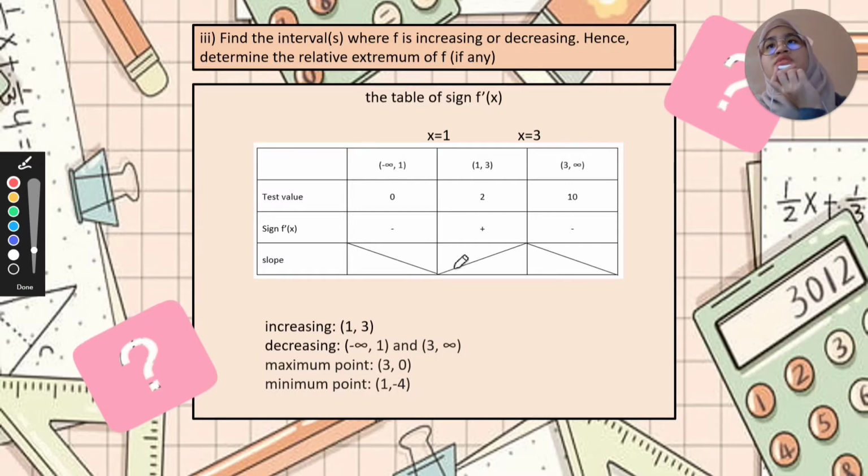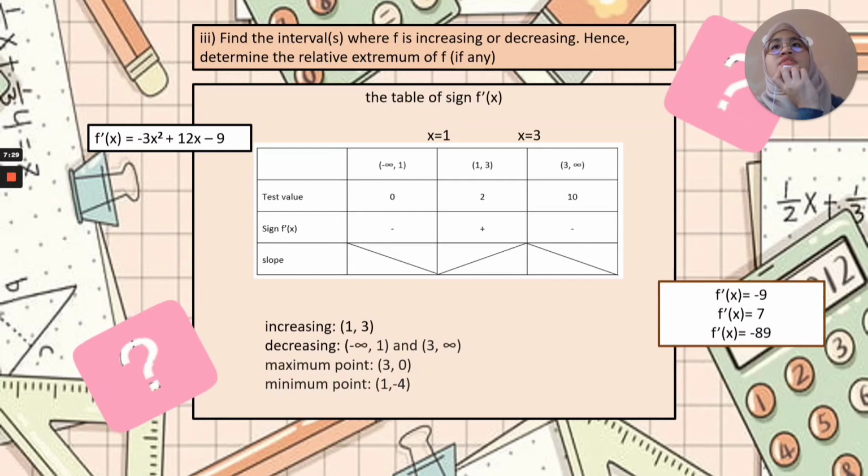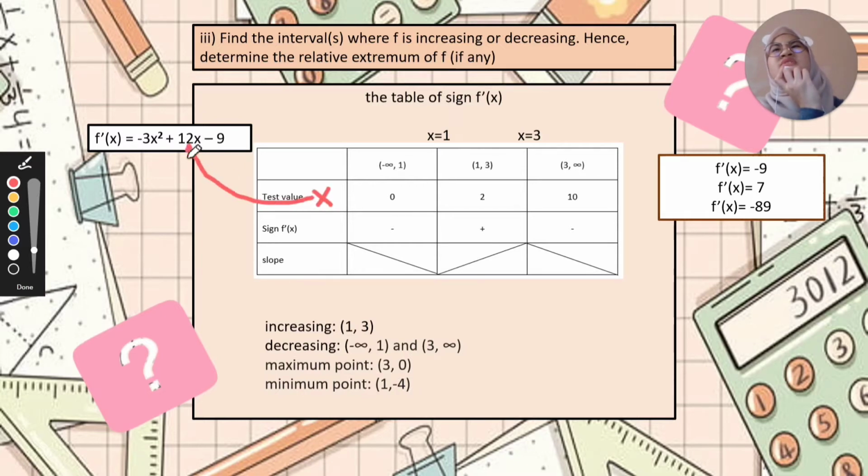Next, the test values are for x. So we replace them into this f prime x equation here.